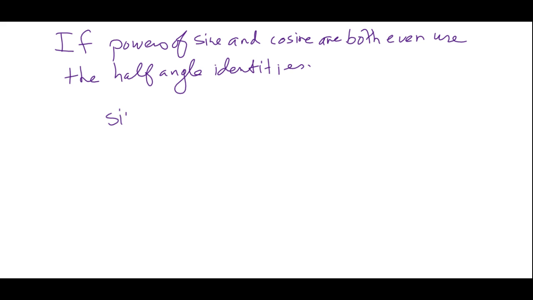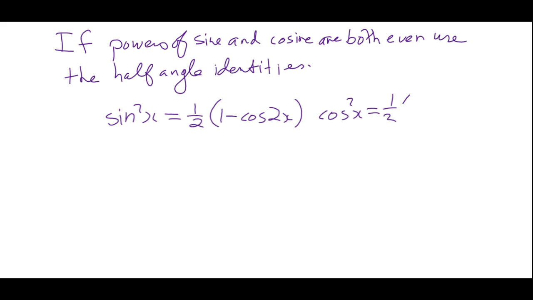Okay, so sine squared x is 1/2, 1 minus cos 2x, and cos squared x is 1/2, 1 plus cos 2x. Okay, and those you can develop on your own. They're not given to you. You don't have to memorize them. You can do it within 2 steps from the cos 2x stuff, right?